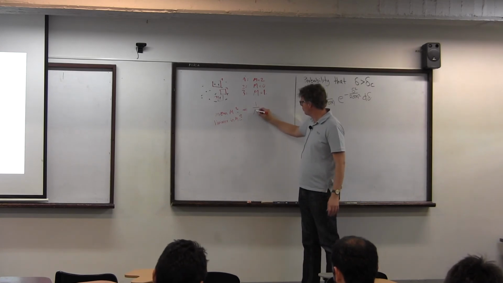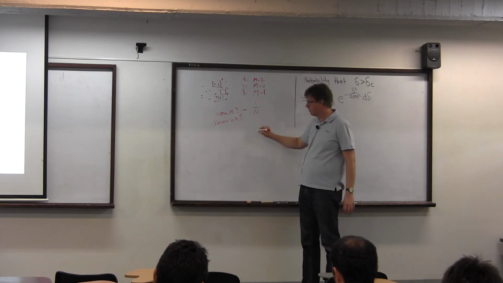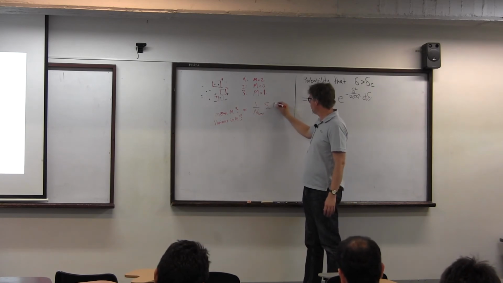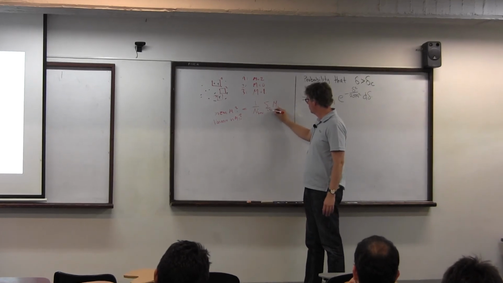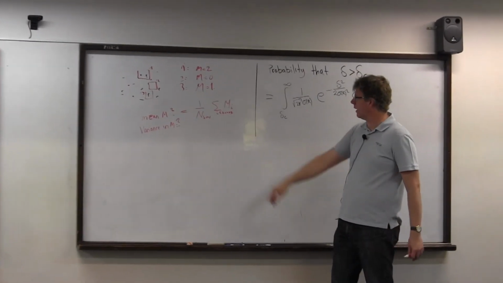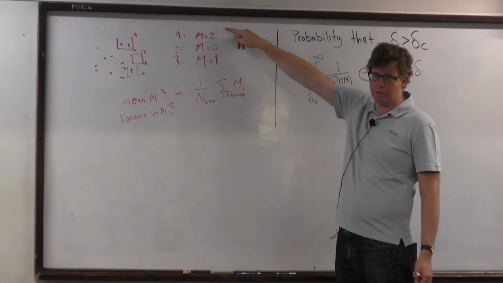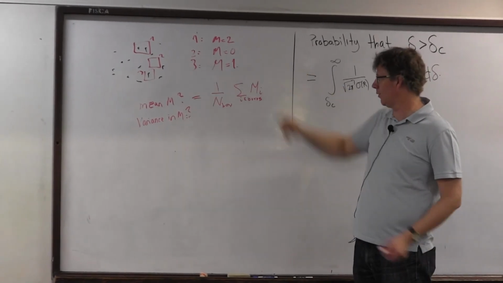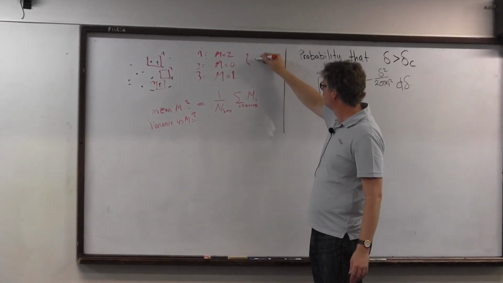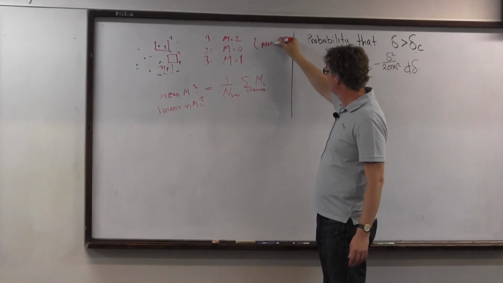It's the average of n boxes and then sum over all boxes. So in this particular case, I had 3 boxes and I summed up to 3. So in this case, this gives me a mean of 1.